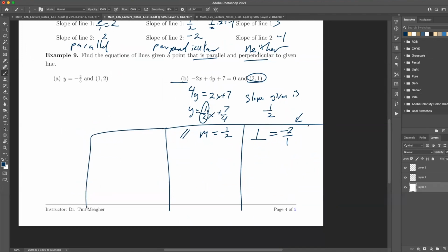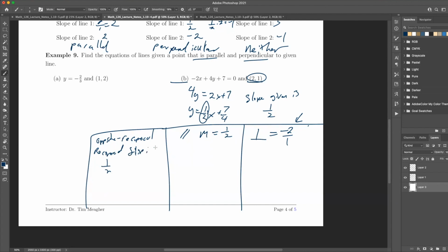Let me do that right here. Opposite reciprocal. So let's do the reciprocal first. The reciprocal of a fraction is flipping it.